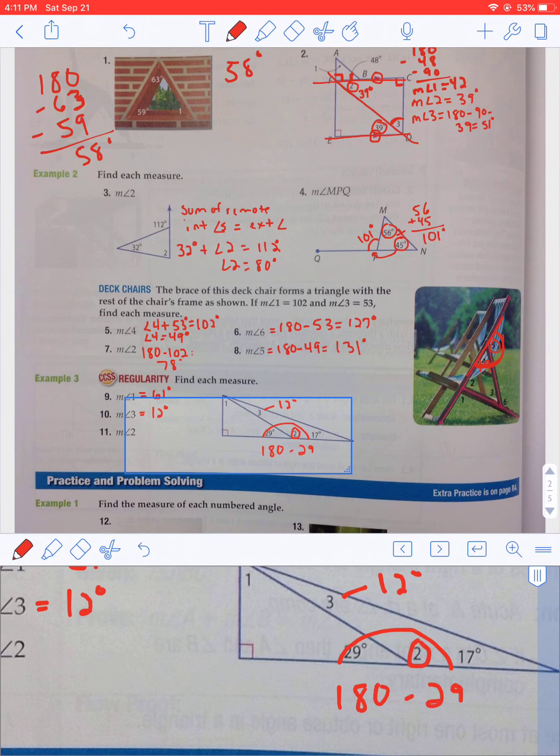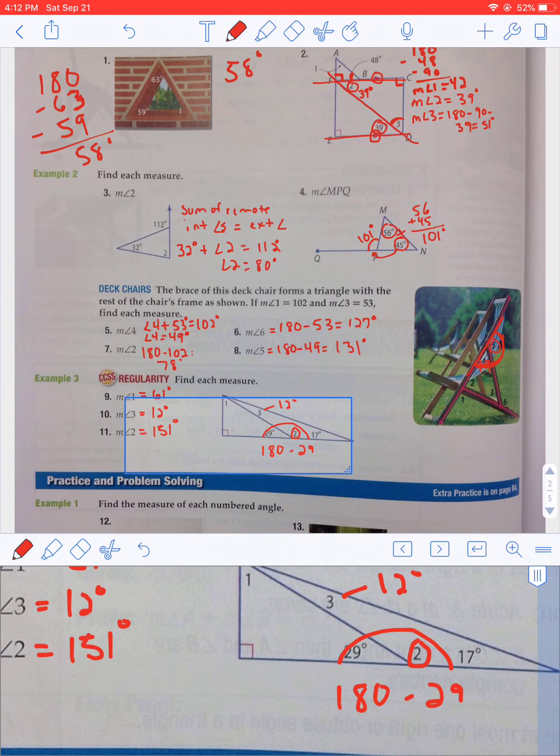You'll get the same answer, because 12 plus 17 is 29. So if you did the triangle sum theorem and said 180 minus 12 minus 17, same thing as subtracting 29. You can treat this as a linear pair or as one of the 3 angles in a triangle that add up to 180. Totally up to you on that one. Either one is a good method. Okay. So either way, you subtract those, you get 151 degrees.